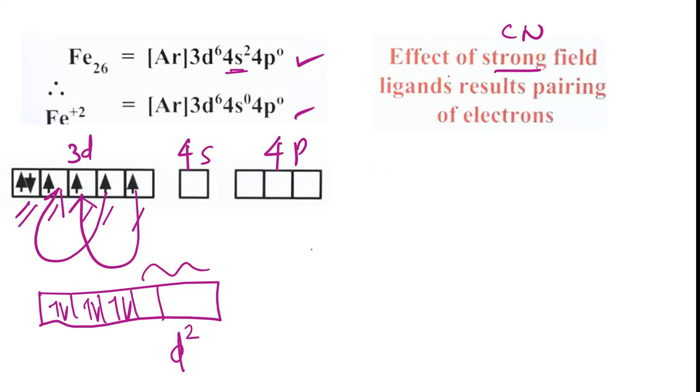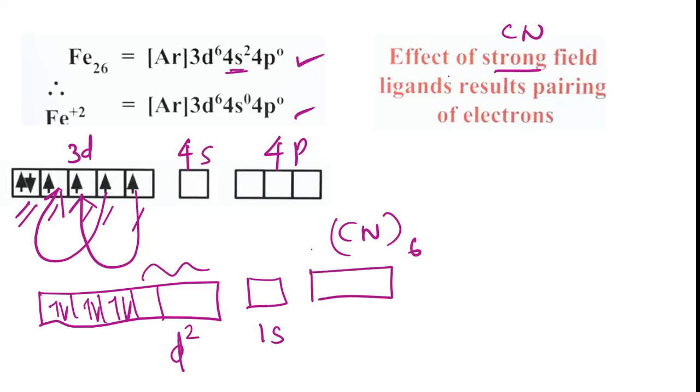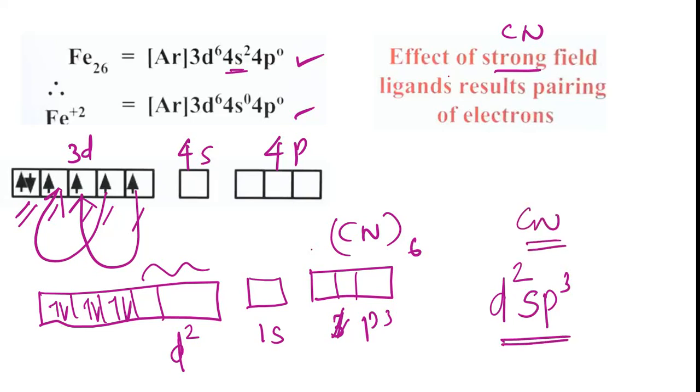And how many ligands are there in CN? 6 ligands, hexacyanoferrate. So 2 d orbitals plus the s orbital 1, and then 3 p orbitals, so we can call it d2sp3.